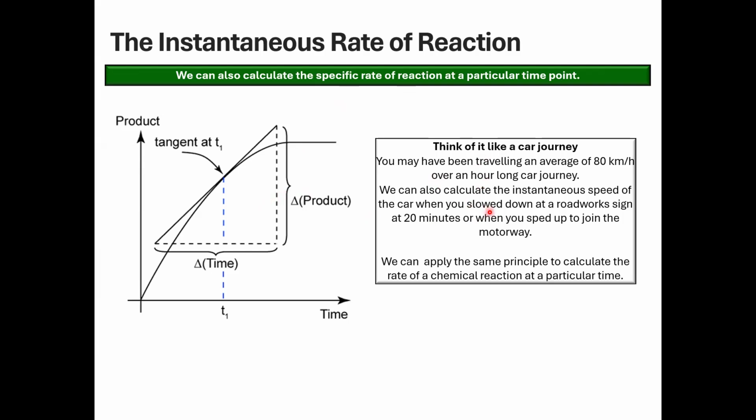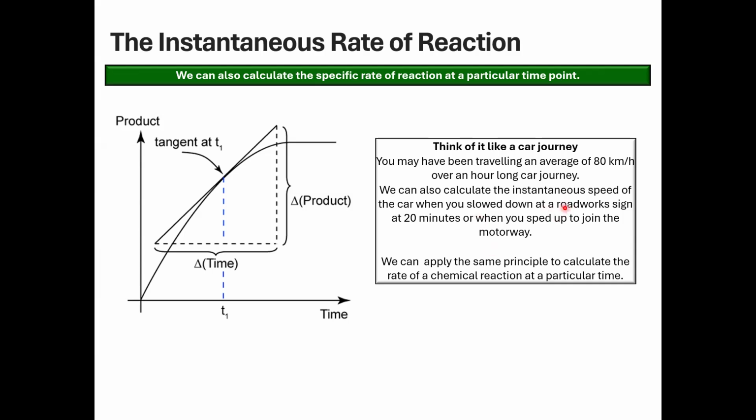Where the instantaneous rate of reaction comes into play is that, well, it was 80 kilometers an hour over an hour, but it didn't take into account that you slowed down at a roadwork sign at, say, 20 minutes, so your speed decreased, or if you sped up to join a motorway, for example. So even though you're slowing down and increasing your speed across the entire car journey, your average was only 80 kilometers an hour.